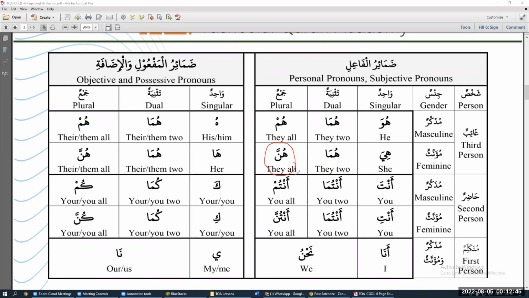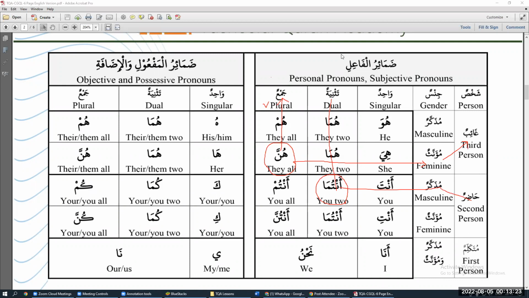For that, follow graph paper consultation, as we do. Go up, it is a plural word. Go right, where it is muannas. And go further right, it is ghaib. So hunna is jam'un muannasun ghaibun. Similarly, we can identify all the words, correct? Go up, go right, and further right.